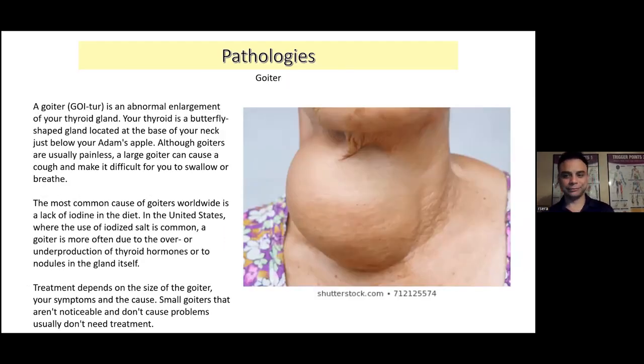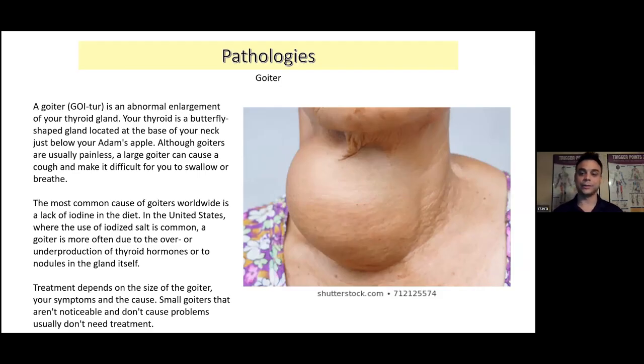A goiter is really on the list of pathologies, but you're really never going to see one. Goiters are really only seen in very underdeveloped countries, or with people who don't have access to food regularly. Anyways, it's an iodine deficiency, and iodine is a very important mineral for your thyroid gland.